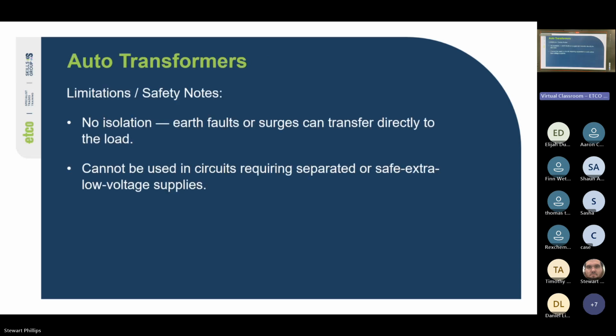So if an auto transformer has no isolation, what hazards could that cause in a damp or workshop environment?